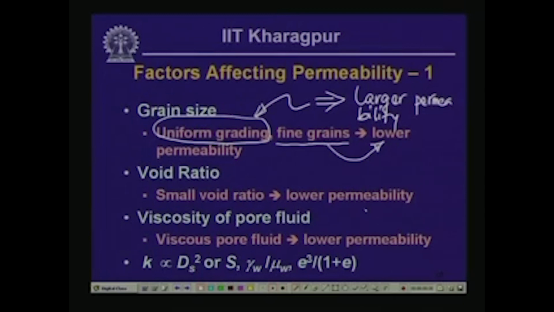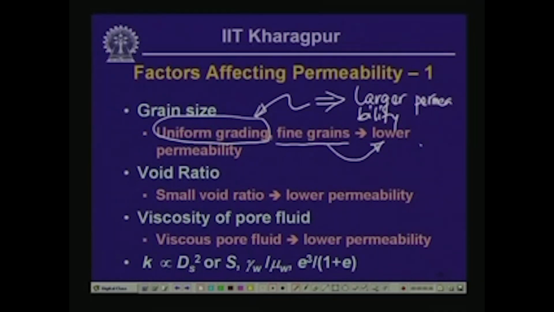So, you need to note the correction as far as grain size is concerned, which I have already noted at the top there. If you have got a uniformly graded subsurface formation, that is going to have a larger permeability, not lower permeability as indicated on this particular slide here. So, you need to take a note of that one.